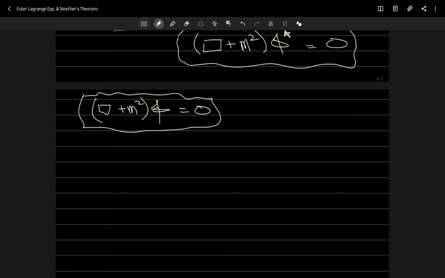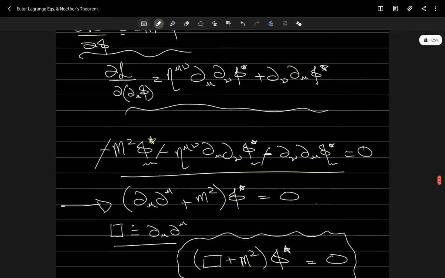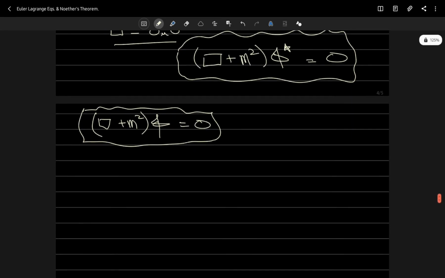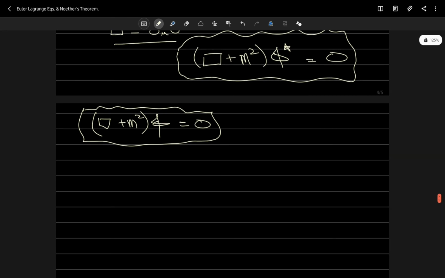Okay, so when there is such a symmetry in your Lagrangian that depends on some parameter, say, let's call it alpha, that can be taken very small, what I'm saying is that this just means that the symmetry has to be continuous.